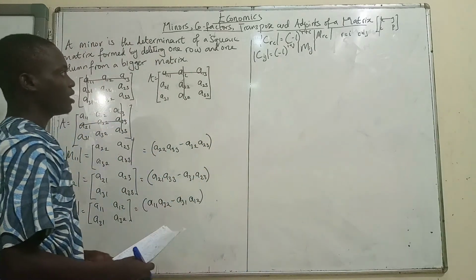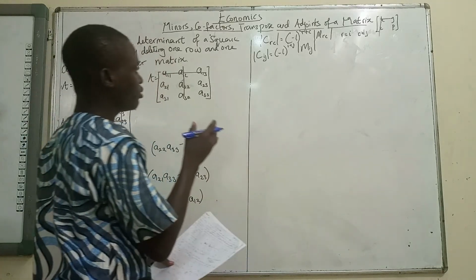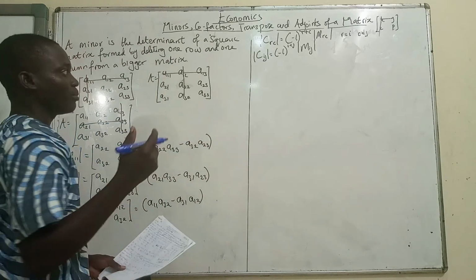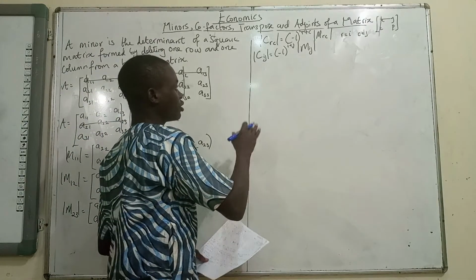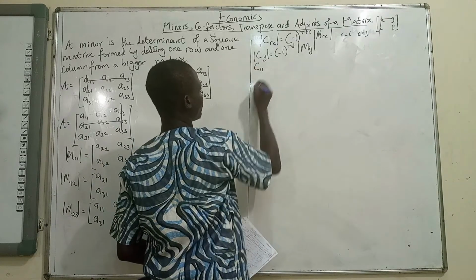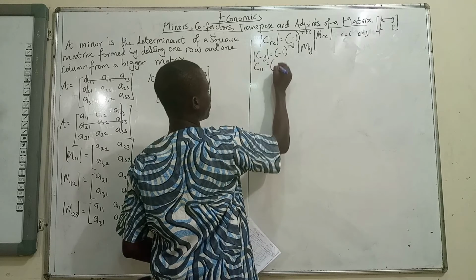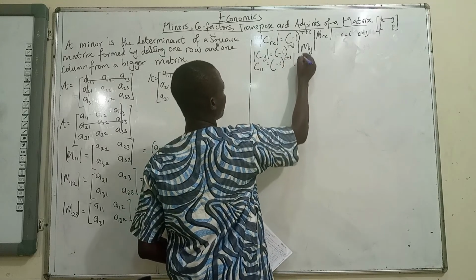Now what we observe here, from what is on the board, whenever I plus J is even, the cofactor is going to be equal to the minor. What I mean is, let's say we have C11, for example. C11 is going to be minus 1 raised to 1 plus 1, then M11.